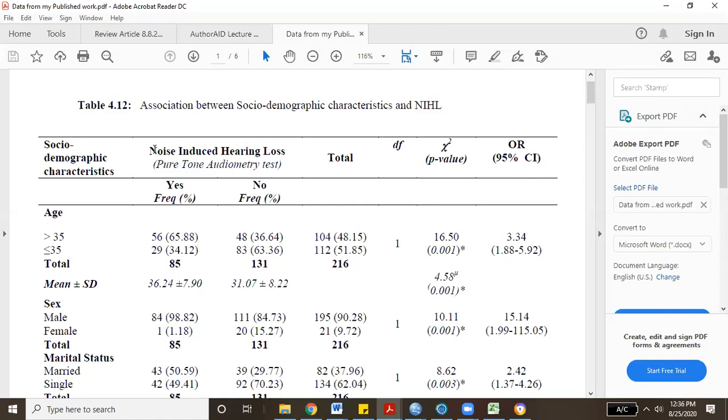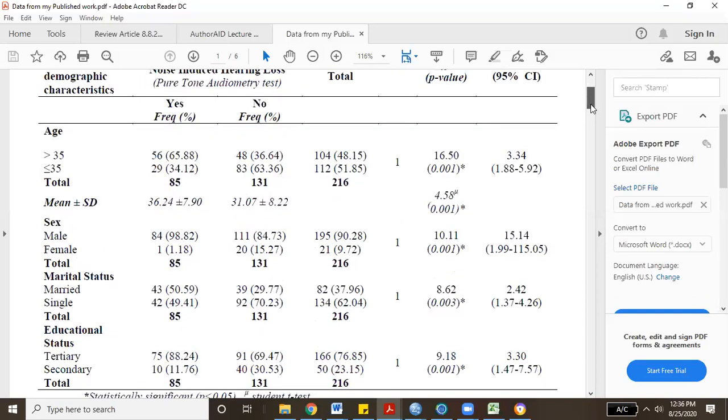So my outcome variable was noise-induced hearing loss, and I did an association between social demographic characteristics of these individuals and the noise-induced hearing loss. So the noise-induced hearing loss, yes and no. Then the social demographic characteristics, I dichotomized them as you can see here.